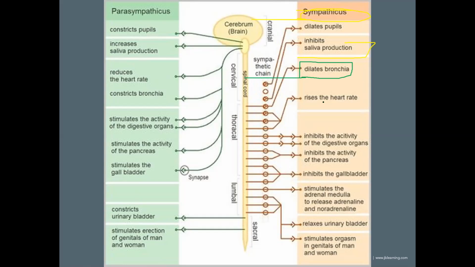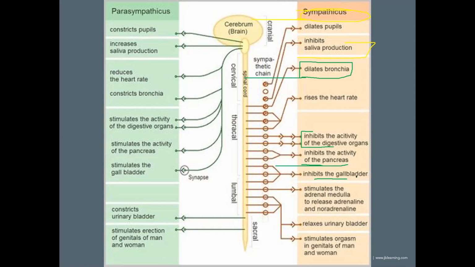So all that happens. We don't really need to digest our food as we're fleeing or fighting. So it decreases our gut motility, inhibits the activity of the pancreas. Okay, right then. So we're not going to be storing our sugar, we're going to be utilizing it. The gallbladder is not really there to do anything because that helps in our digestion.